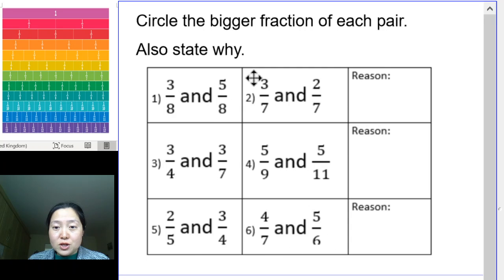So after you finish comparing, circle the bigger fraction from each pair, and then you also have to write the reason why that is the case, okay? Can you please do that in your math book? Pause the video now. When you finish, we will have a go through of the answers.